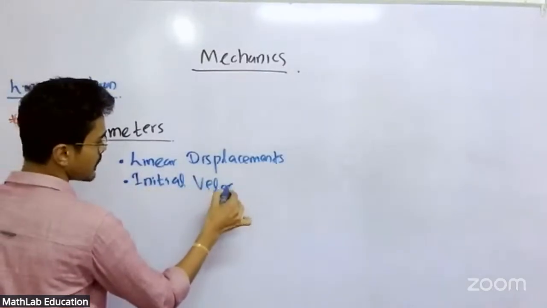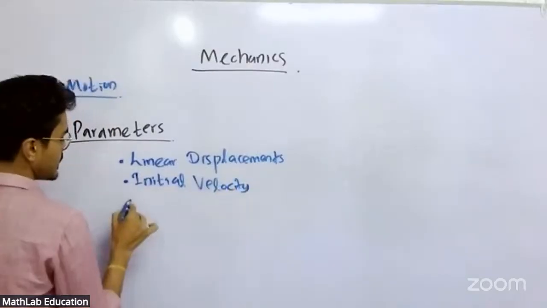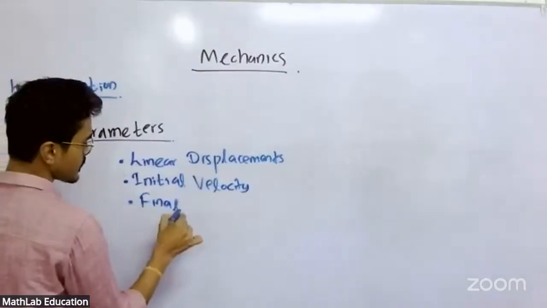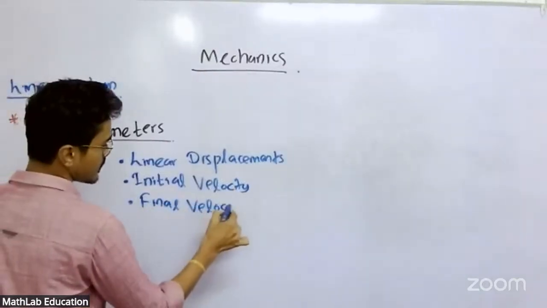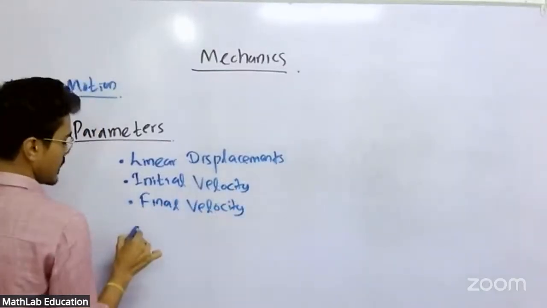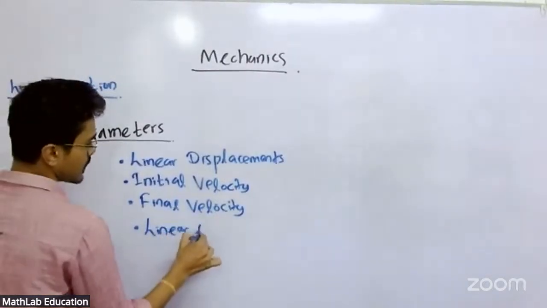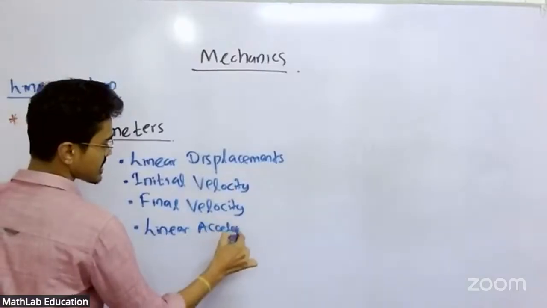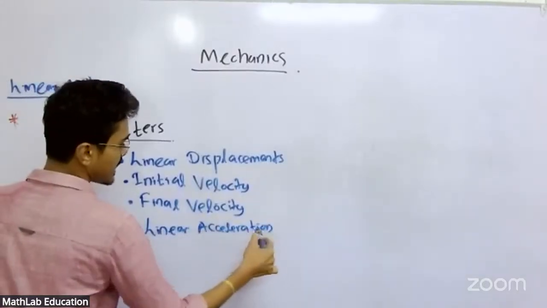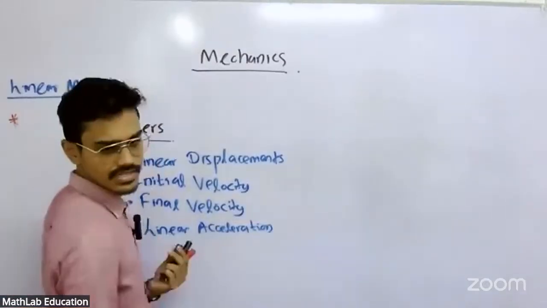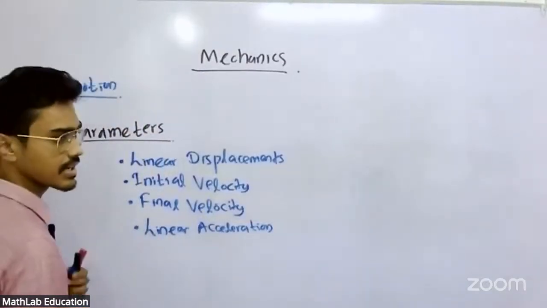And second parameter, initial velocity. The next parameter, final velocity. And the next, linear acceleration. The reason to say linear acceleration is that there are other types of accelerations as well.